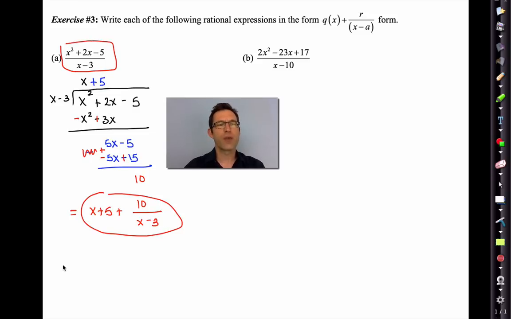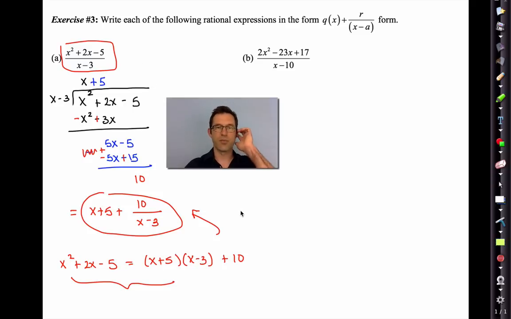But if I wanted to write this as an equivalent multiplication statement, it would be the following. x squared plus 2x minus 5 is x plus 5 times x minus 3 plus 10. Okay, this is the equivalent to this in terms of a multiplication sentence.